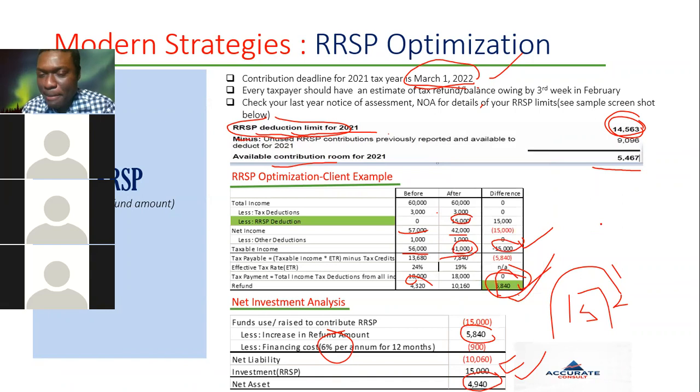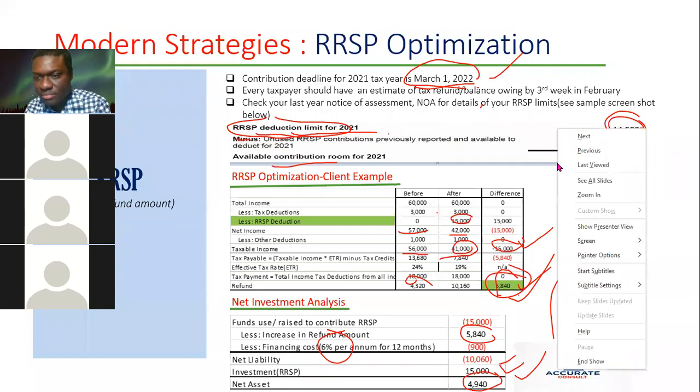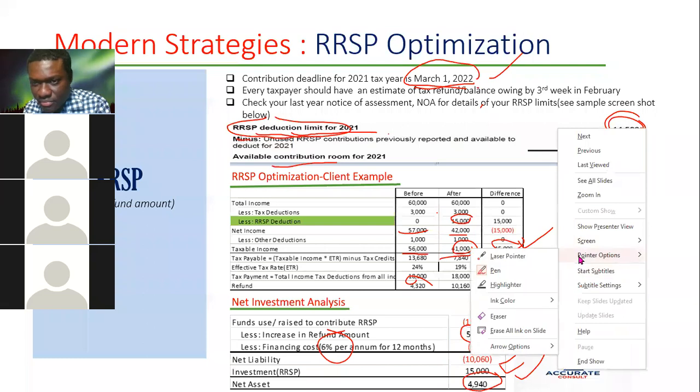That is clear. I have a question, please. So let's say that within this period, being like January, February, let's say maybe you got 5,000 in your RRSP. Okay. Let's say it's maybe your bonus that you put in your RRSP, right? Yeah.